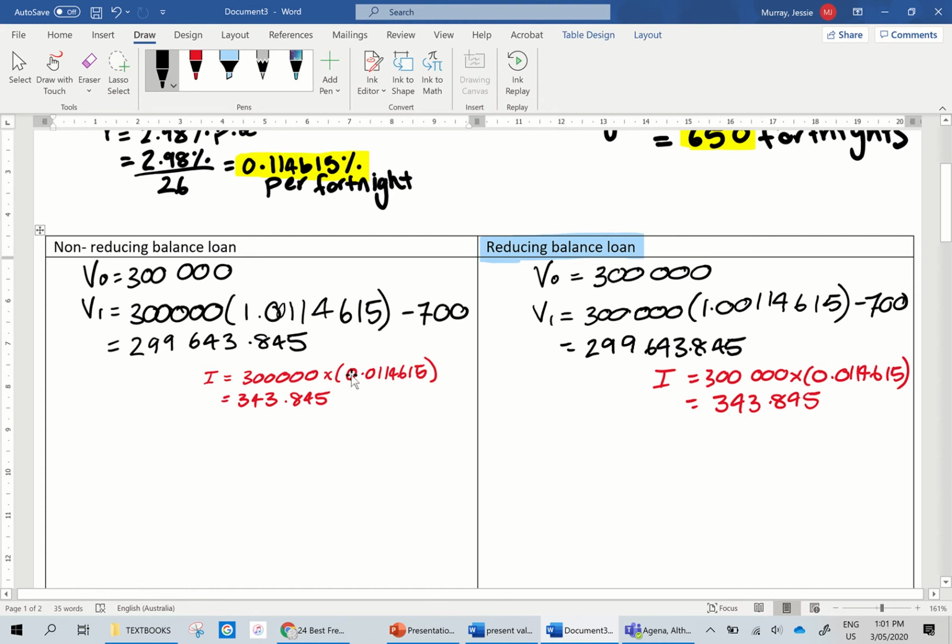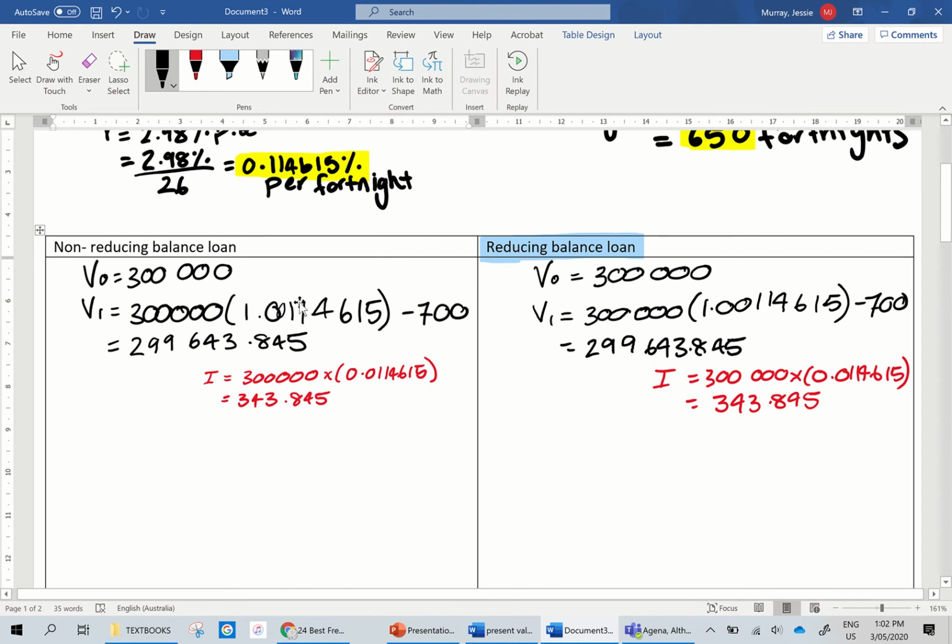Because I know my interest rate, and if I just multiplied my interest rate by 300,000, forgetting about the repayment, I actually paid $343.845 in interest only. So that's how much I had to pay the bank every single fortnight for just having this loan.